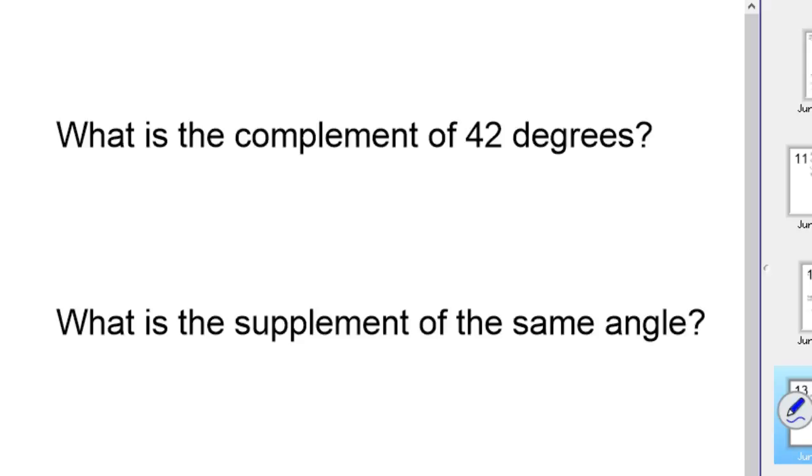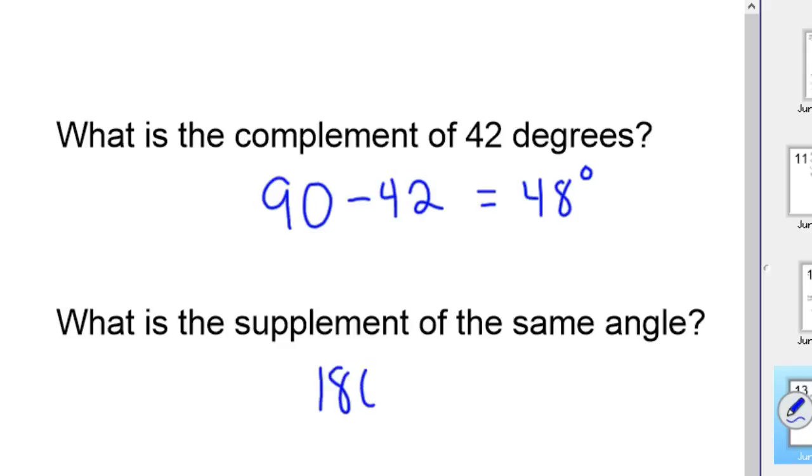So the complement of a 42 degree angle, hopefully you've already tried this out, is simply 90 minus 42, which would be 48 degrees. The supplement, so did you find the supplement? Okay, the supplement is the same, except you take 180 minus 42 degrees.